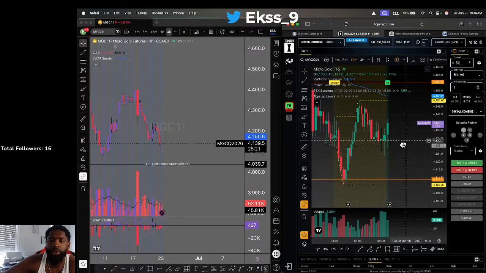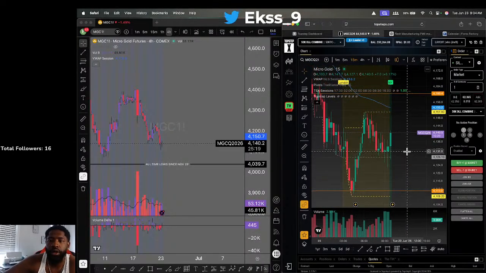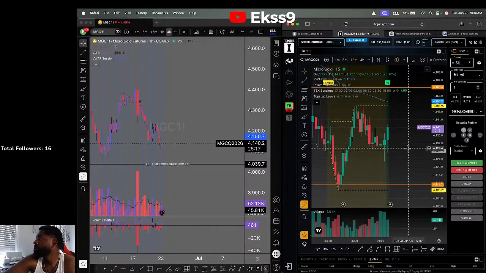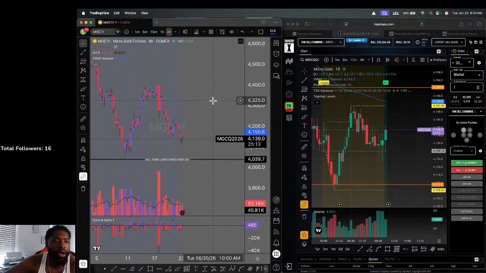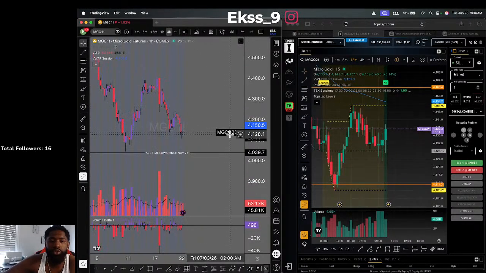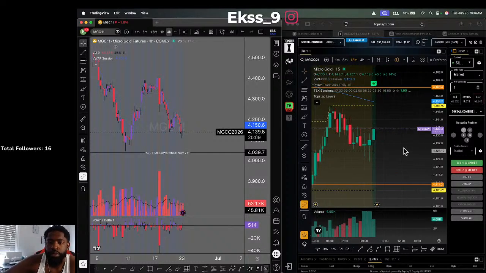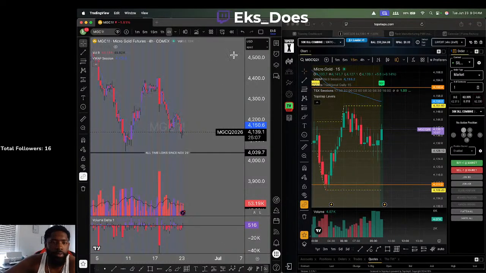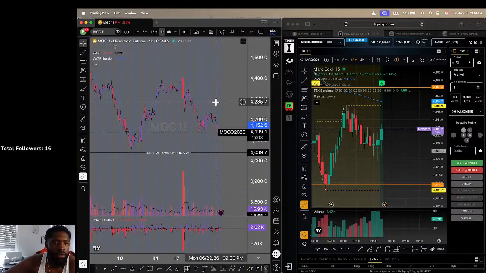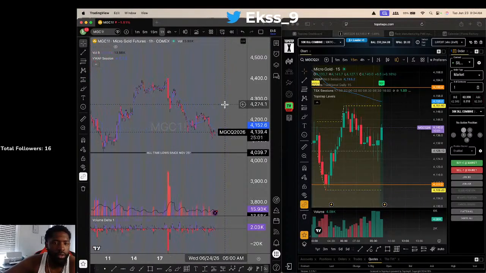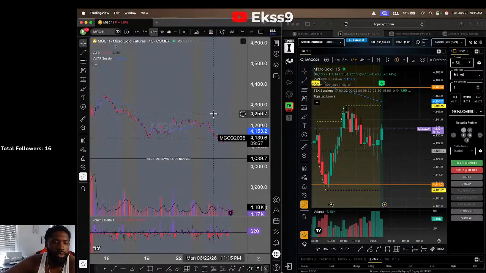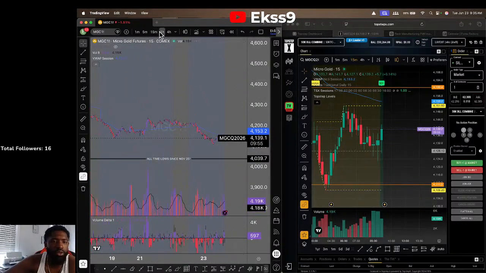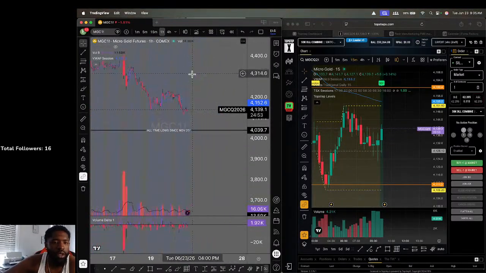I got my chart open here as well on my execution platform, right on Top Step, and we're here on Trading View as well. So we're gonna see how the news affects what's going on.